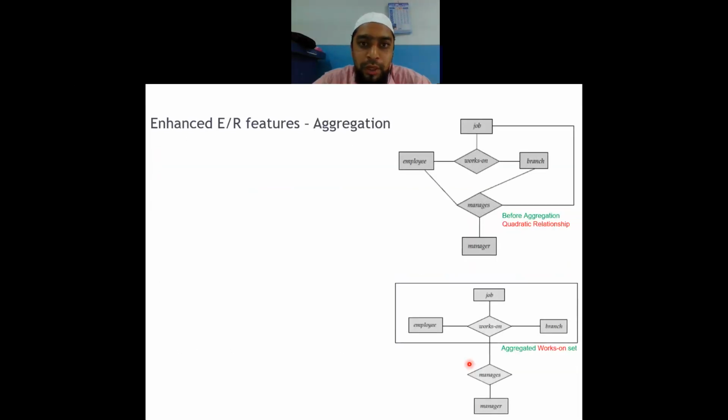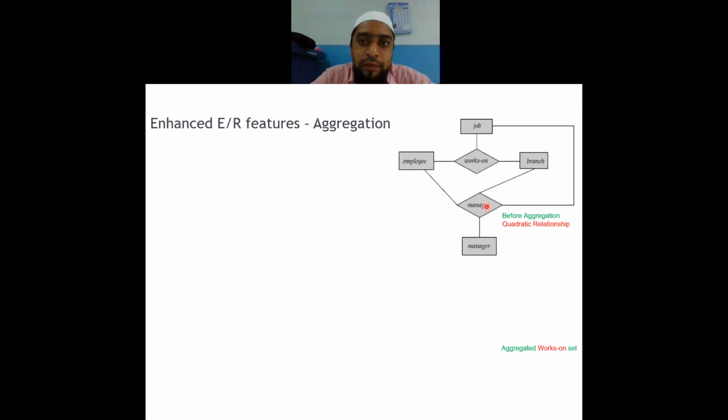Now coming on to aggregation. We said that if an entity set is employee, and there is one more entity set called job, there is a relationship between these two: employee works on job. Similarly, if there is one more entity set called branch, I can say that employee works on branch.